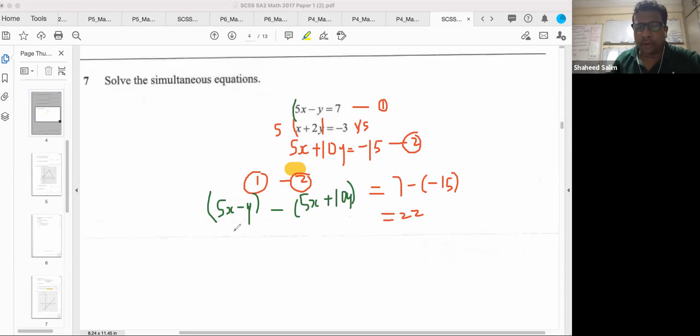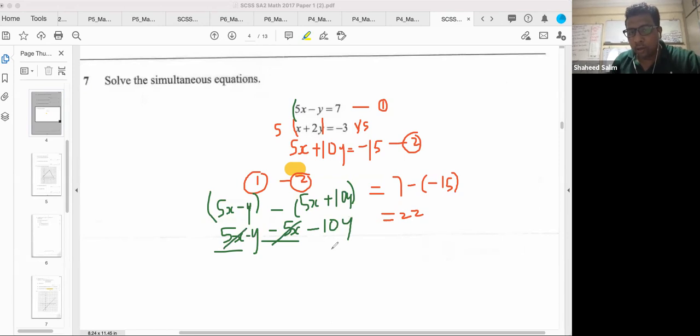Then we remove the bracket. 5x minus y. Now be careful. Minus and plus, minus 5x. Minus and plus, minus 10y. So can you see 5x minus 5x disappears? You owe $1, you owe $10, you owe $11, so negative 11y equals 22.